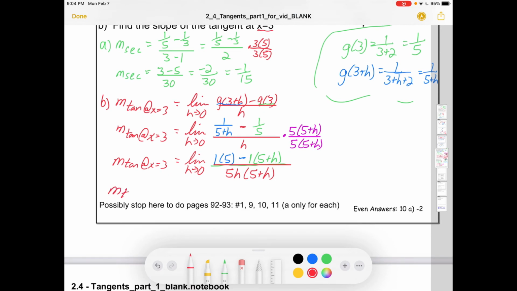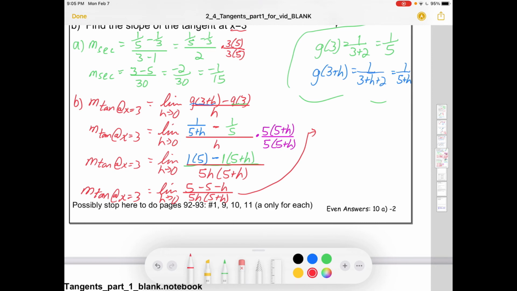And it's a limit, so we just kind of work it through. Limit as h goes to 0 of 5 minus 5 minus h all over 5h times 5 plus h. We still keep the limit notation because we haven't subbed in yet.